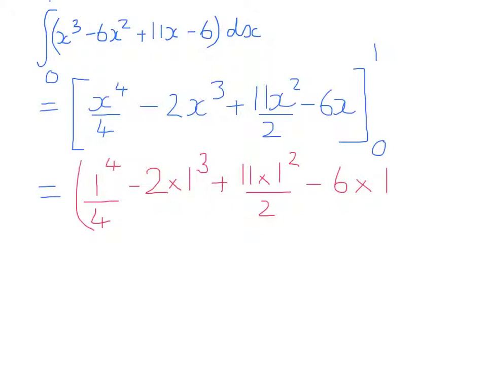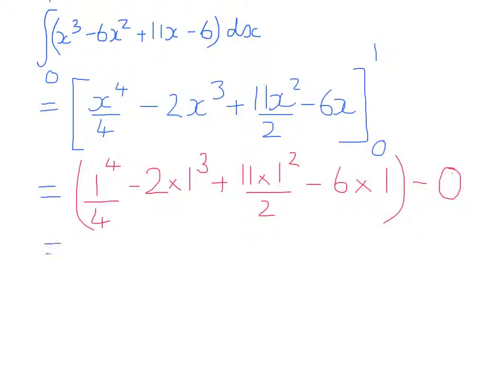That's putting in 1. And then if we substitute 0 into each of the terms, we're going to subtract that away. But if we put 0 in here, because each term contains an x, the answer is going to be 0. So that makes our life a little bit easier.